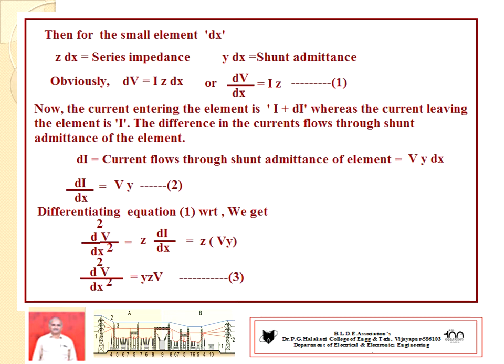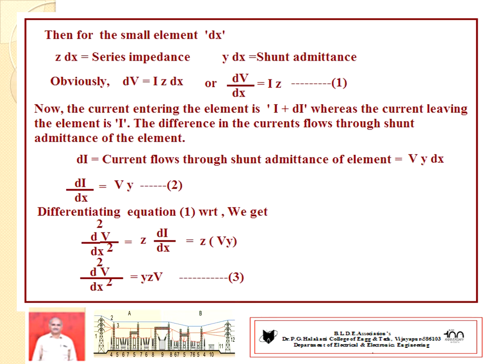In a similar fashion, y is the shunt admittance per unit length, dx is the length, therefore y into dx becomes the shunt admittance in that element. Obviously we know that dV equals I into z dx, the starting point of the derivation. dV equals Iz dx. Therefore, we develop expression 1: dV by dx equals Iz. It is the basic point, equation number 1.